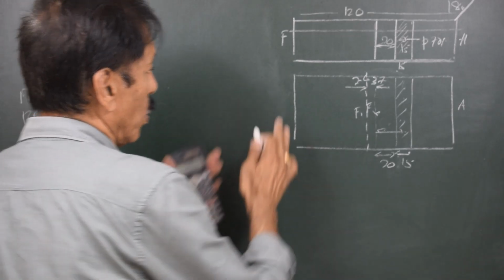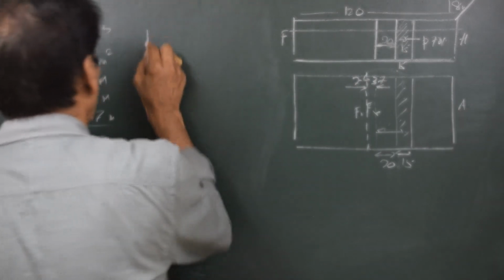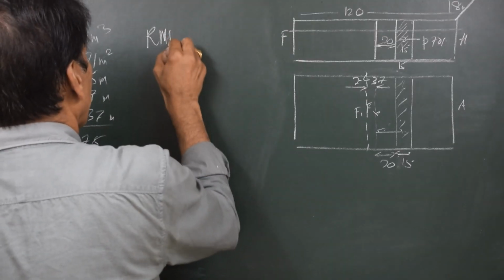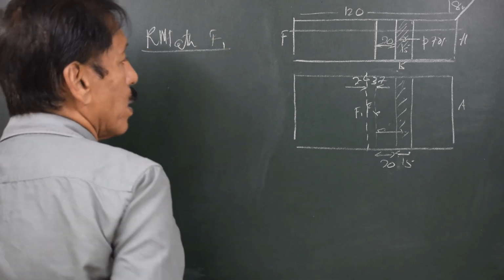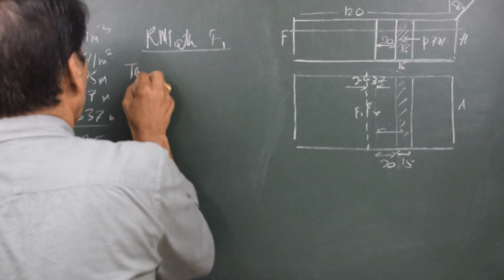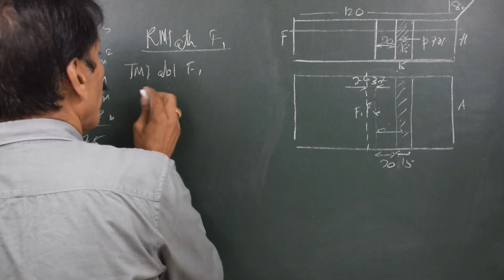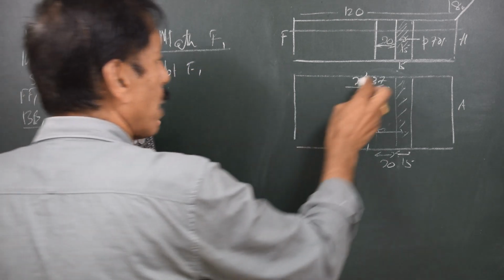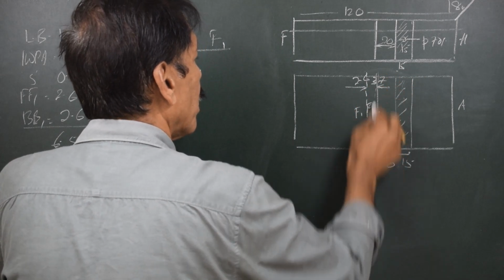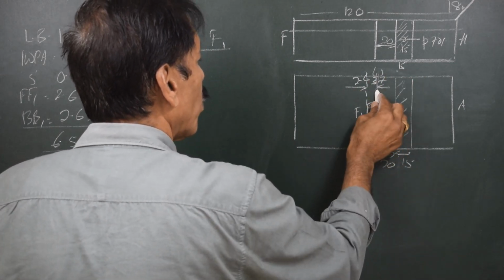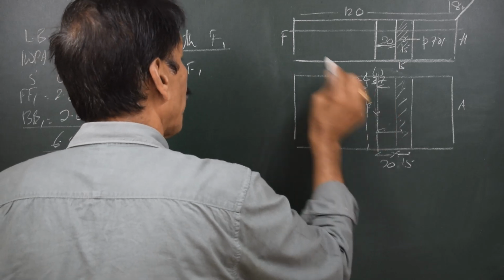Now looking at the plan view, what is the moment of inertia? We actually have to find out the residual moment of inertia about an athwartship axis through F1, right? So the total moment of inertia about F1 should be the total moment of inertia about this axis, and that moment of inertia is shifted by the theorem of parallel axis to the F1 axis.